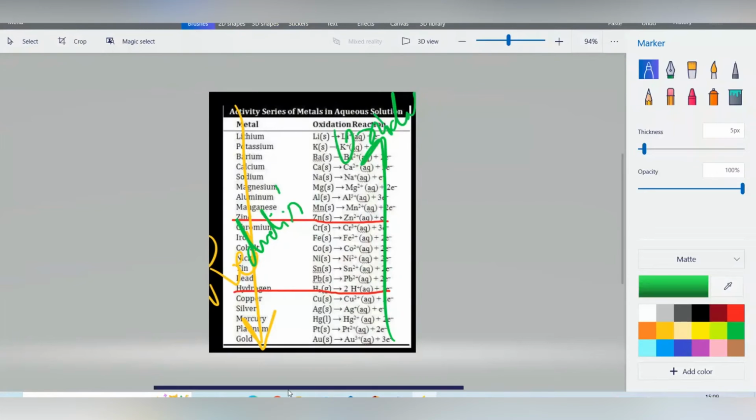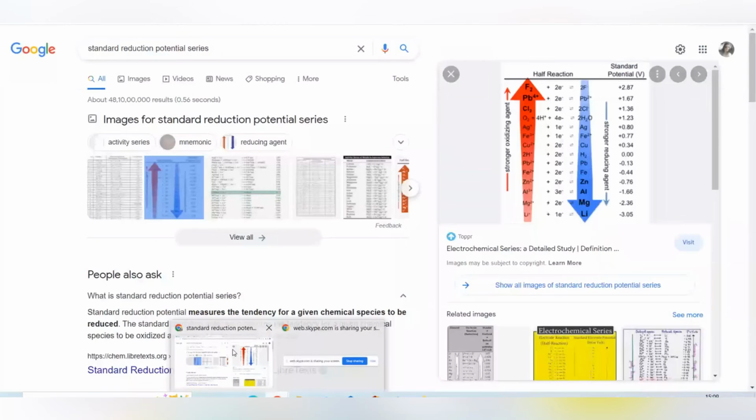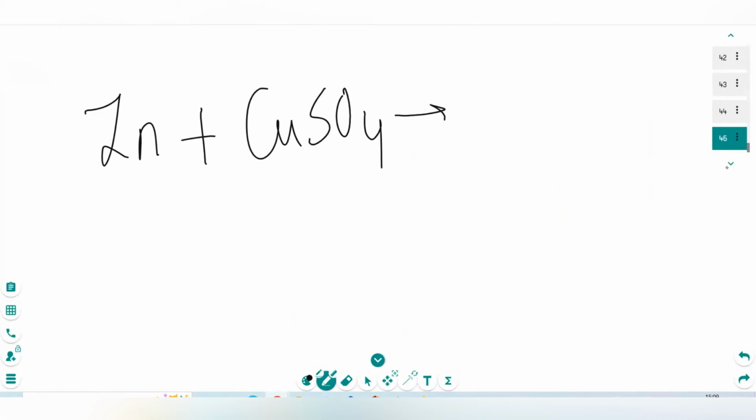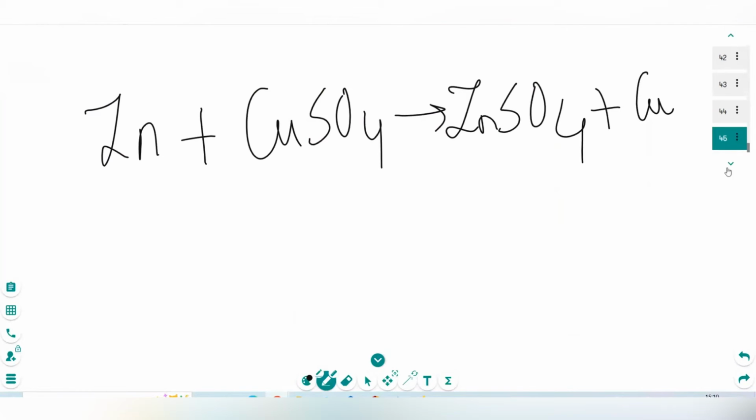Let's move on to one example where you get more clarity. What are we trying to say? Why are we doing all this? So I give you one example. Zn plus CuSO4 will give you ZnSO4 plus Cu.